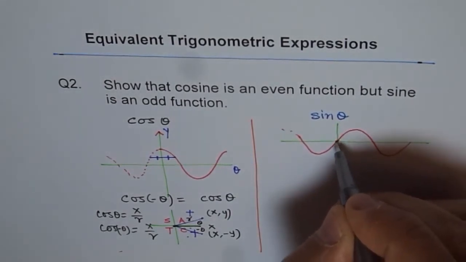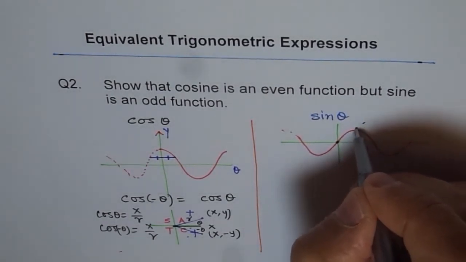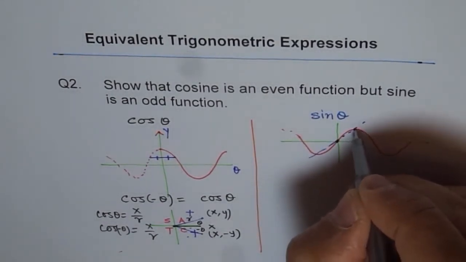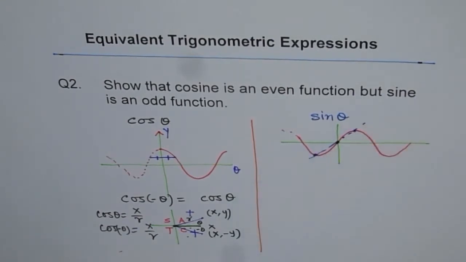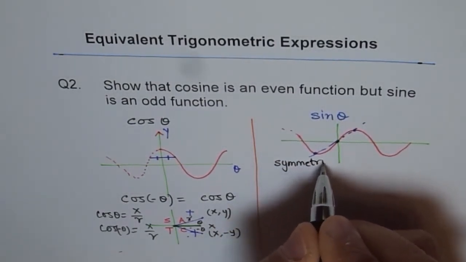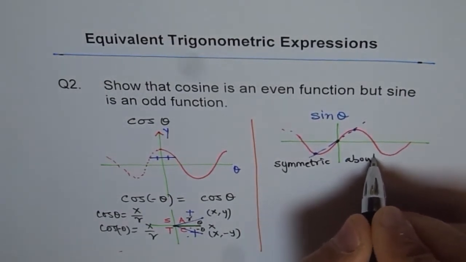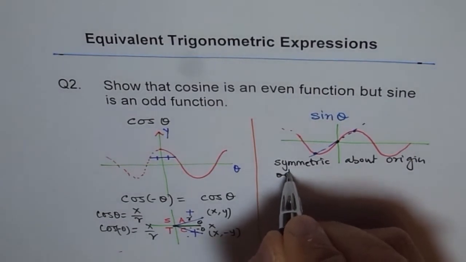Now it is symmetric about the origin. Do you see the symmetry here? It is symmetric about the origin. If I draw a line here, we will have the same reflected points. Any point, there is an image here, right? So symmetric about the origin, right? And therefore it is odd symmetry.